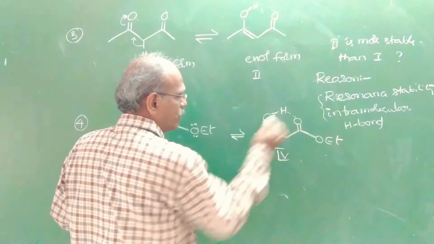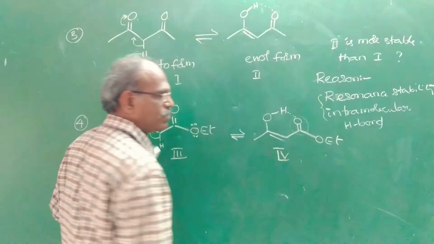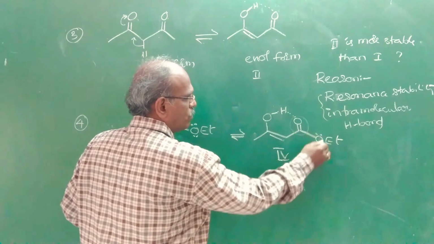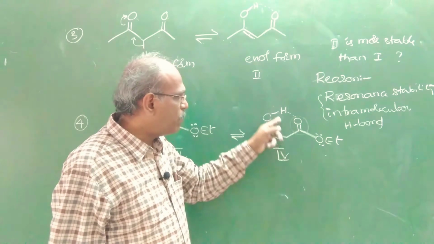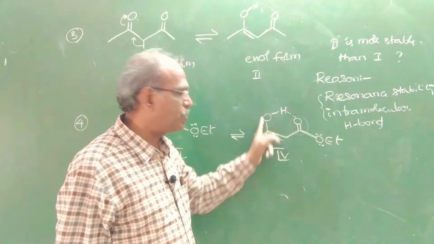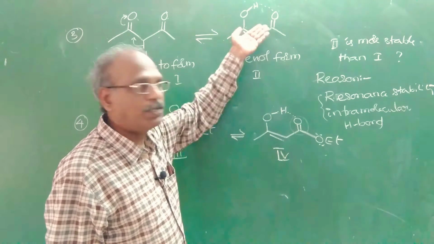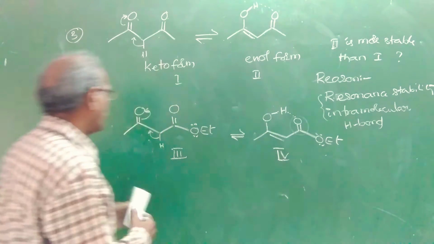Here also resonance is there, but this C=O is in cross conjugation. It may be in conjugation with this or with this lone pair. That means the resonance stabilization of the enol part decreases when compared to that. That's why the percentage of enol decreases.